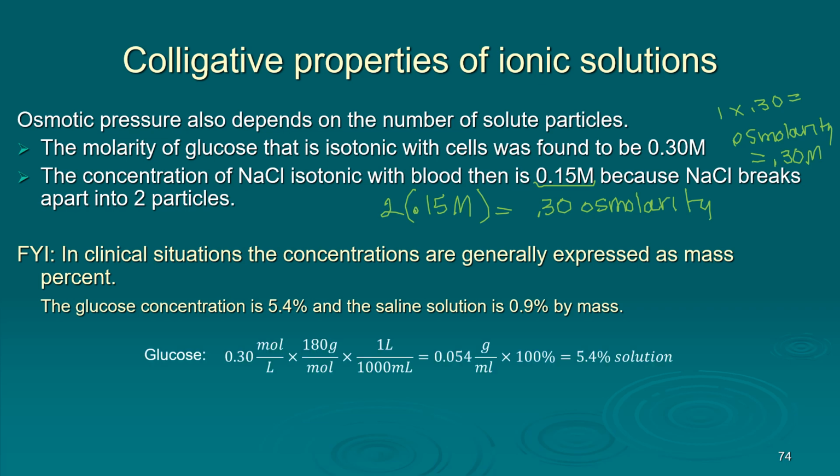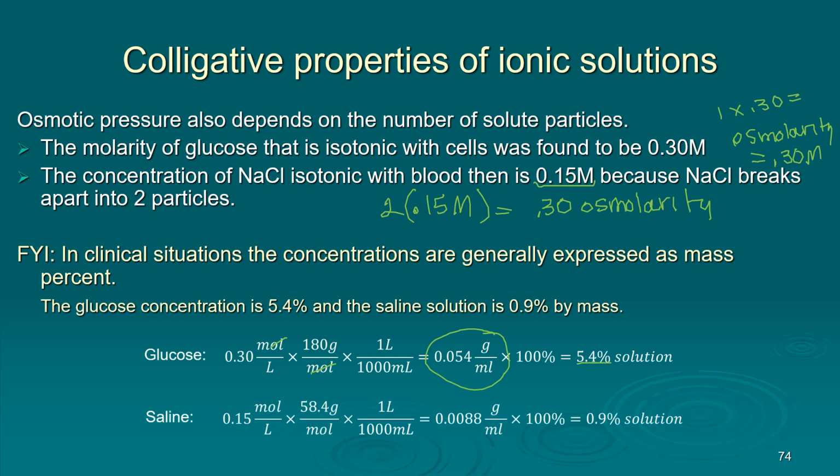Looking at it, if you have 0.3 molar times 180 grams per mole, the moles cancel, so now I have grams per liter. Then if I convert to milliliters, I have 0.054 grams per milliliter. Times 100 to get percent, that's a 5.4% solution.